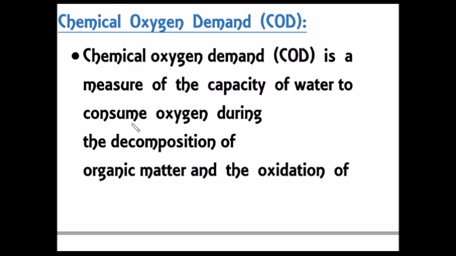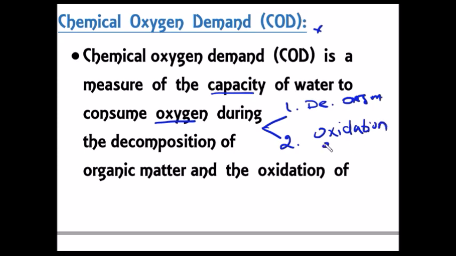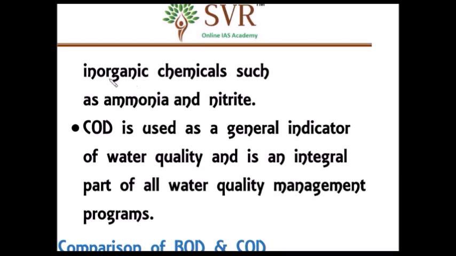Now let's discuss chemical oxygen demand. How does chemical oxygen demand differ from biological oxygen demand? Chemical oxygen demand is a measurement of the capacity of water to consume oxygen for two purposes. One is for the decomposition of organic matter, as we already discussed in biological oxygen demand. The second one, which is important, is the oxidation of some compounds or inorganic chemicals like ammonia and nitrates.